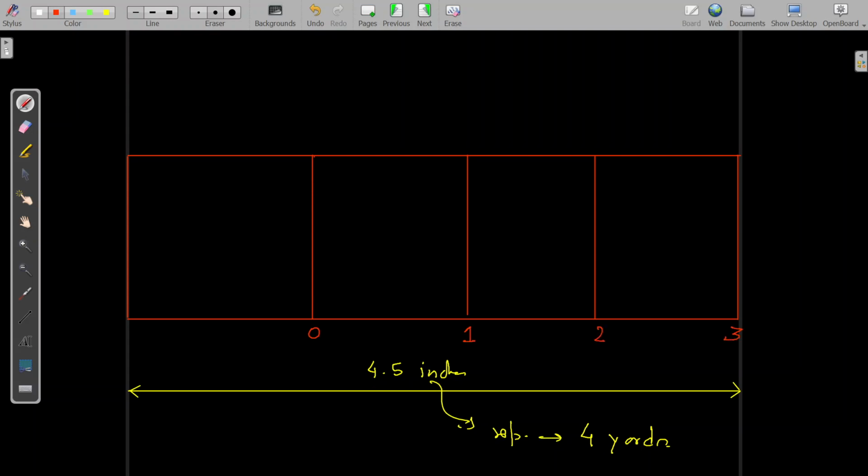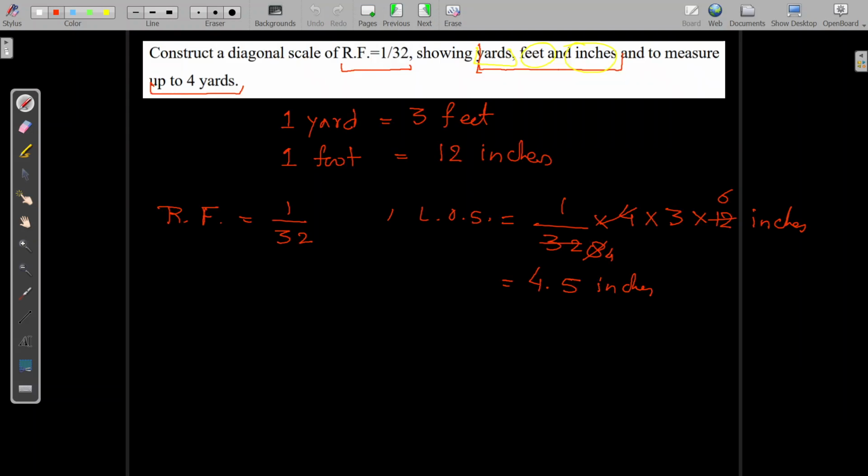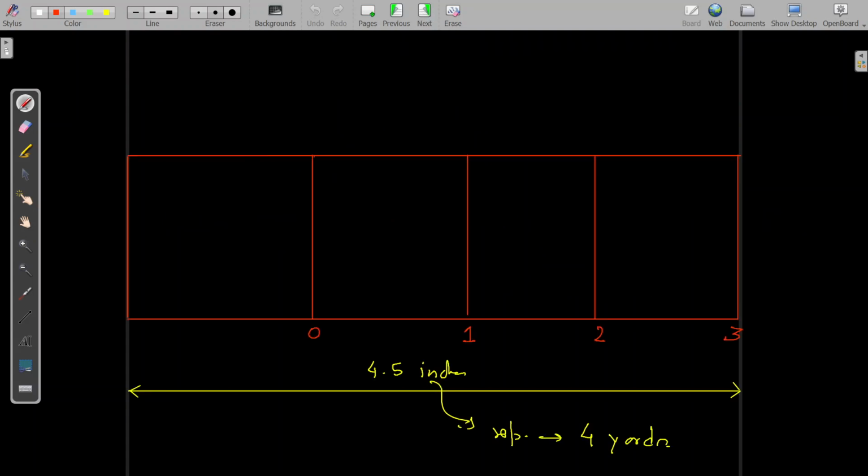Okay, now again what you have to do, we have to read a single foot. Okay, from unit conversion we just saw that 1 yard is represented by 3 feet. So if I am dividing the distance which is representing 1 yard into 3 parts, so that will represent what? Individual feet.